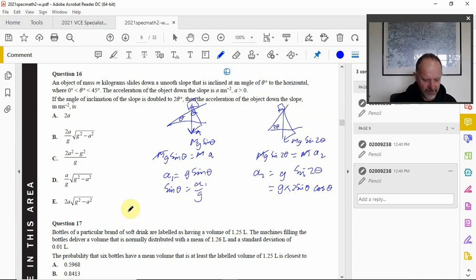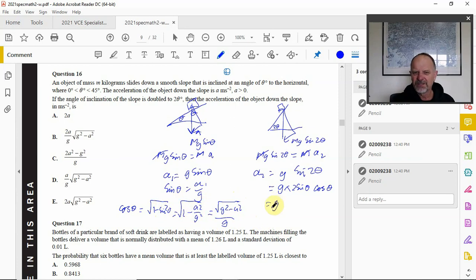So cos theta is the square root of 1 minus sine squared, which is the square root of 1 minus a squared on g squared. If we do a common denominator of g squared, you get the square root of g squared minus a squared all over g.